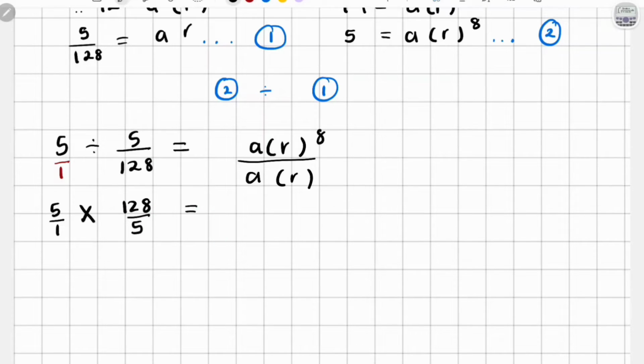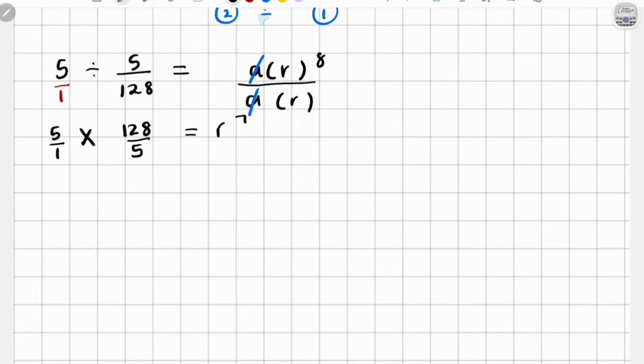And this is equal to, you see here that A is going to cancel and you're left with the R. So R to the power of 8 divided by R is R to the power of 7, okay? Because you subtract the exponents when dividing. So here we're going to have the 5 over 1 multiplied by this fraction. Say numerator times numerator and denominator times denominator.